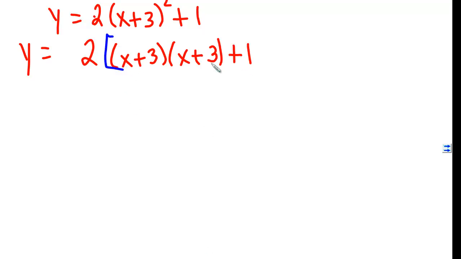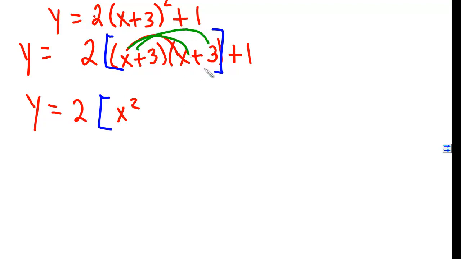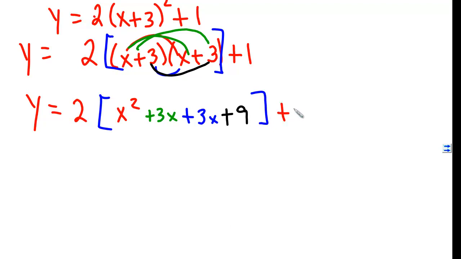Just like I did a while ago, multiply what's inside first, and then distribute the 2. x times x is x squared. x times 3 is 3x. 3 times x is 3x. And 3 times 3 is 9. And then we add 1.